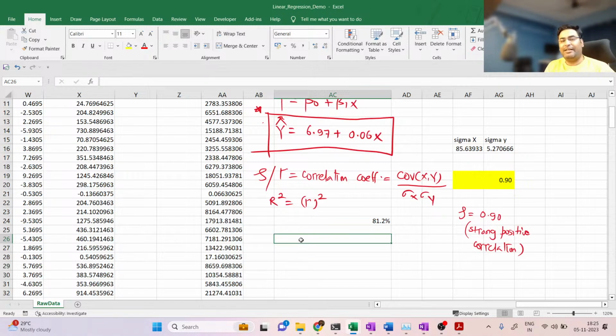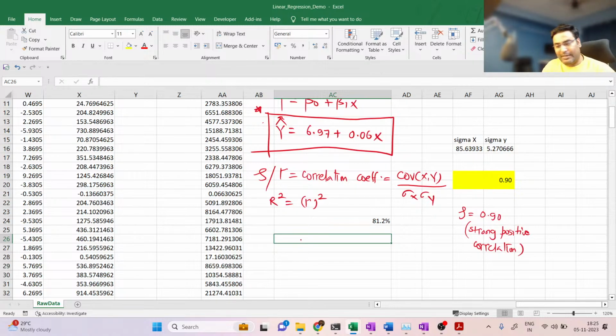So suppose your variability in the sales, which is your Y, or in the overall data set with respect to sales and TV advertising, 82%, approximately 81 to 82%, you're able to capture, and you're able to use this information to predict the future sales.